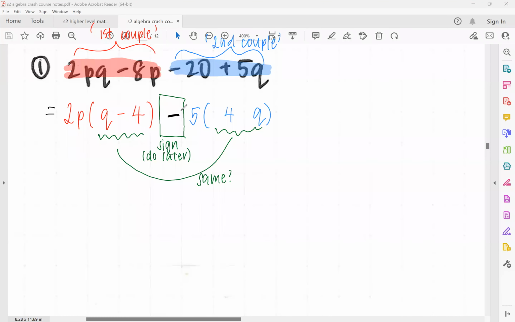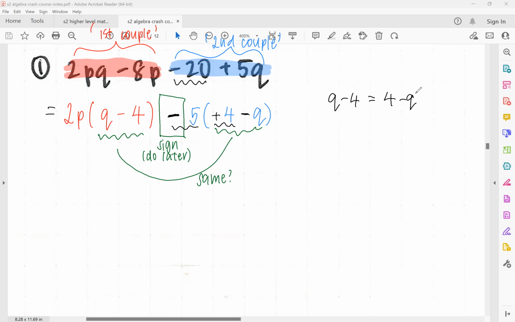If she said take out -5, means here will be what already? Because you need to get -20, right? If I take out -5, what am I left with? Okay, +4. So -5 times +4, does it give me -20? Yes, right? Then if I take out -5 from a +5q, what am I left with? -Q. -Q.